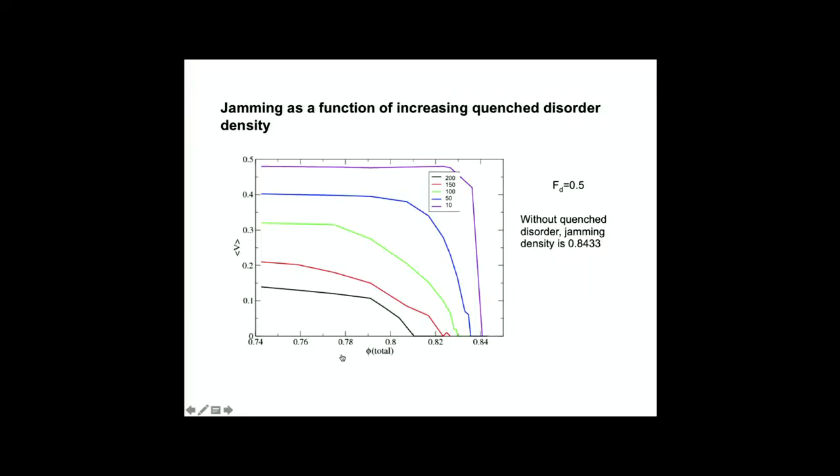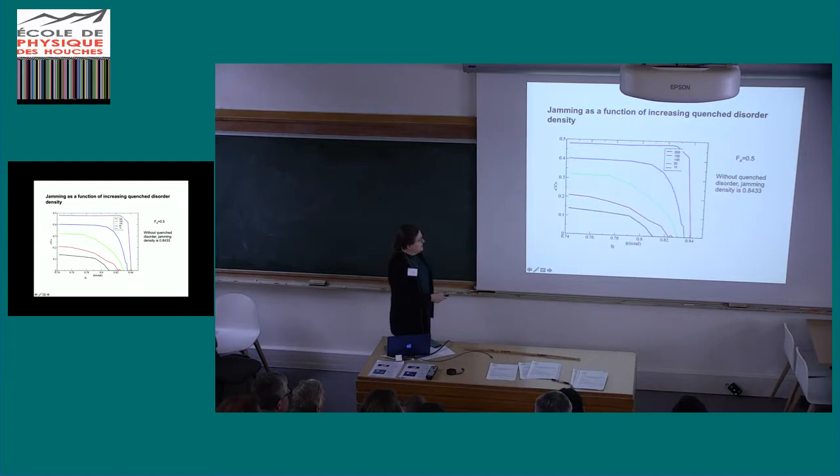So we see, if we look at the velocity as a function of the density of the grains, depending on how many of these posts we put down. If we have very few posts, we see what we'd already seen, which is the velocity is essentially free flow until we get very close to the jamming density, and then it plummets to 0.